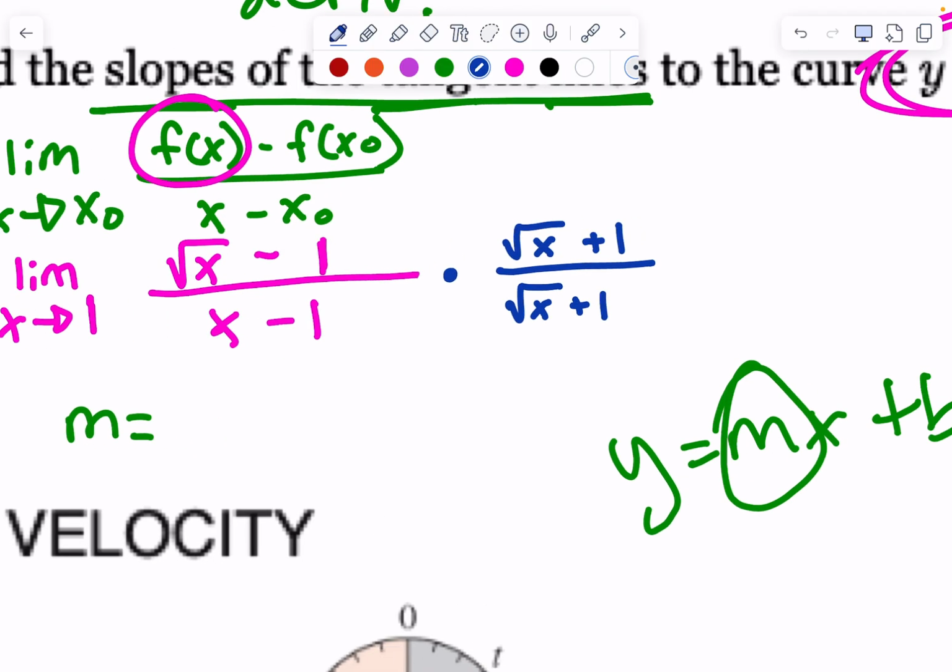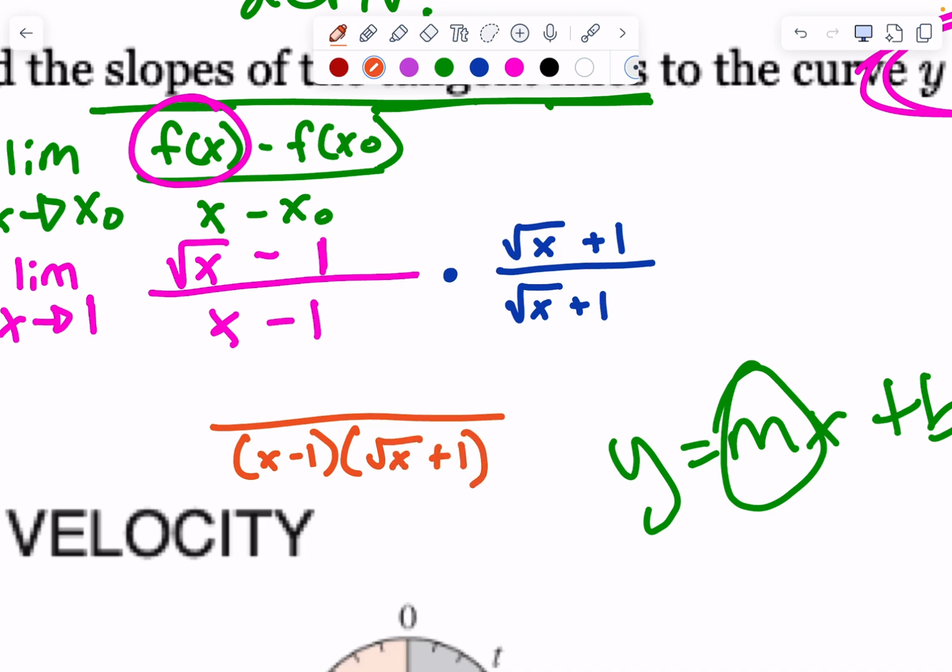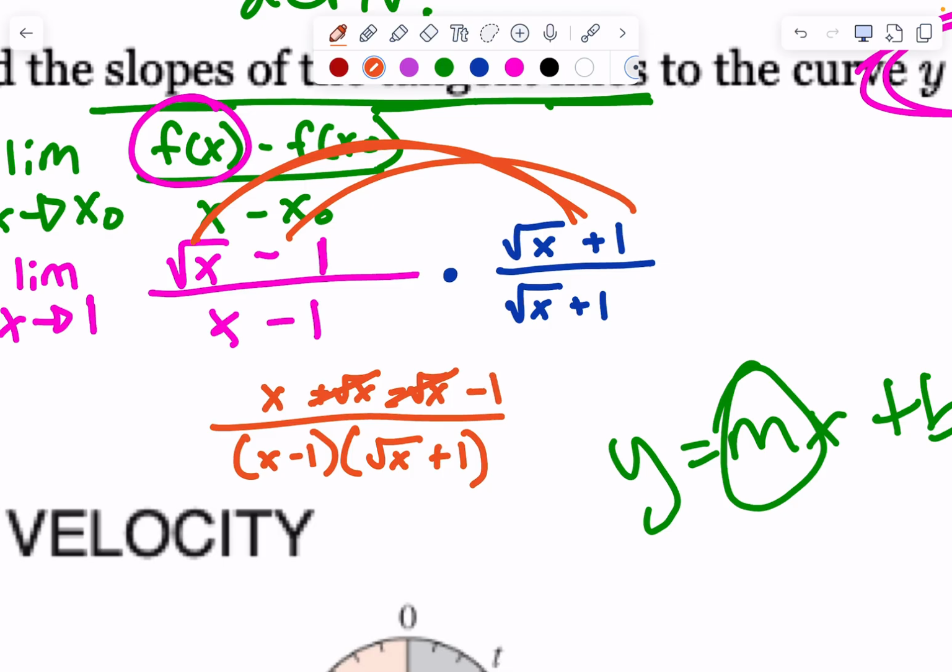So when we do this, I've got on the bottom x minus 1 times the square root of x minus 1. I'm not going to FOIL that out, right? But on the top, the square root of x times the square root of x is just x. Then I've got my middle pieces, which would be plus the square root of x minus the square root of x. Those guys are going to cancel, true? And then I've got negative 1 times positive 1, which is minus 1.